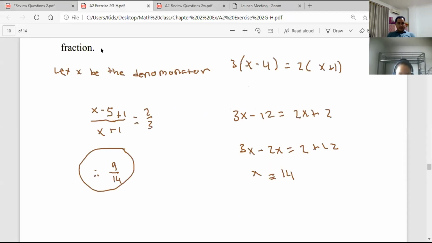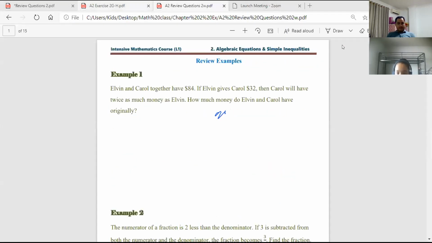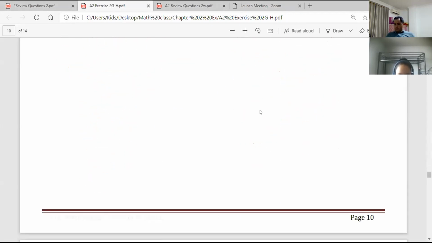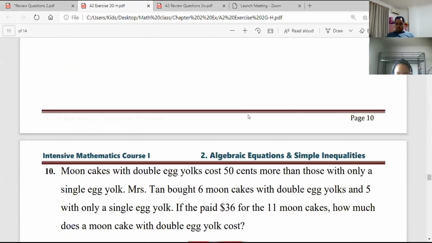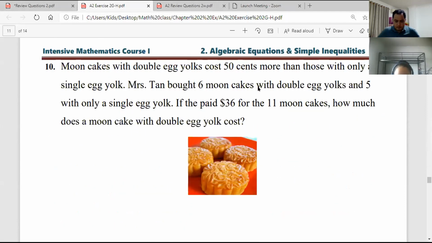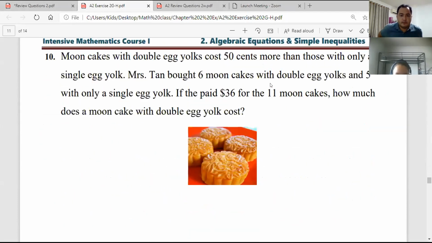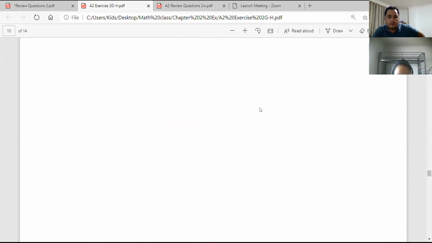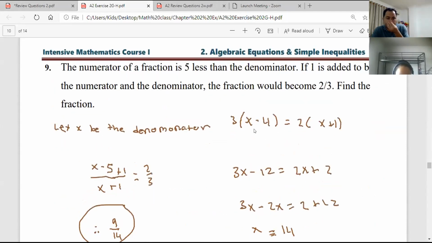Yeah. Oh, okay. Mooncakes with double egg yolks. Nine. Did we finish 9? 9. Yeah. Okay, very good.